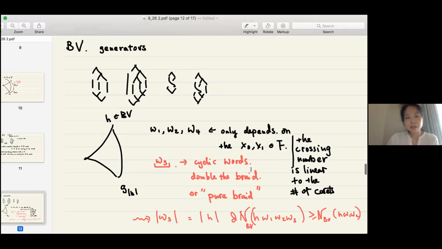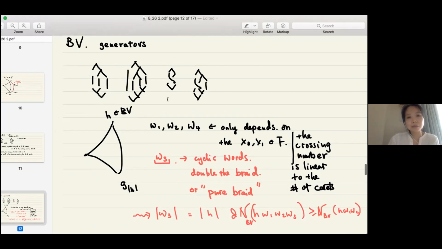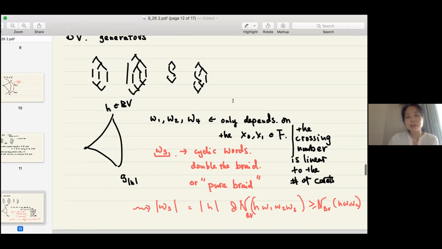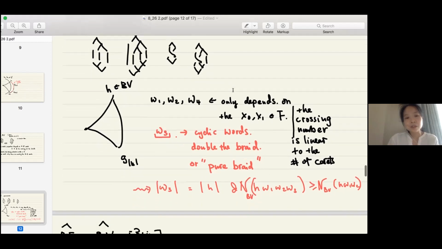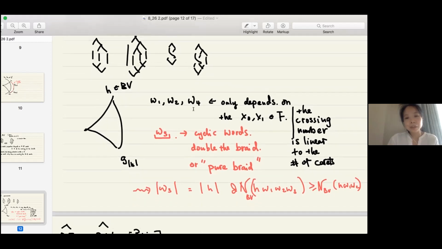So just take the larger group, BV, as an example. It has 4 generators here. We can see the first two are just the generators from the original Thompson's group F, and the other two are from the braids. So the key here is, again, the third subpath.